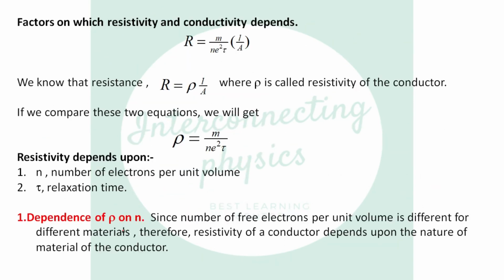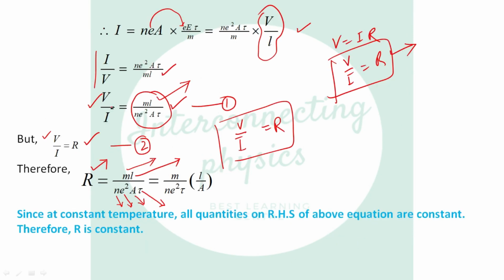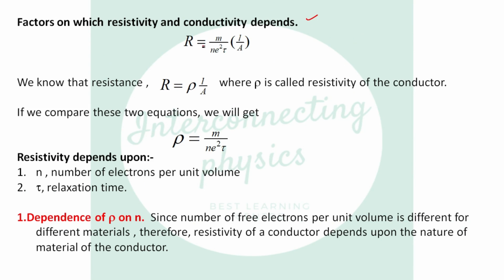Okay. Now factors on which resistivity and conductivity depend. Now we have derived Ohm's law here, and what we got is R equal to ml divided by ne square A tau. This is a very important relation which shows how resistance depends upon multiple factors of the conductor.